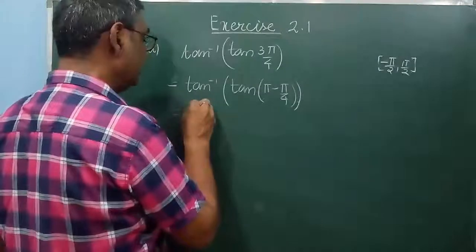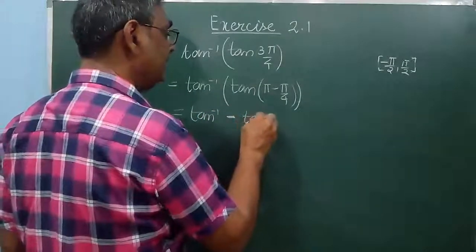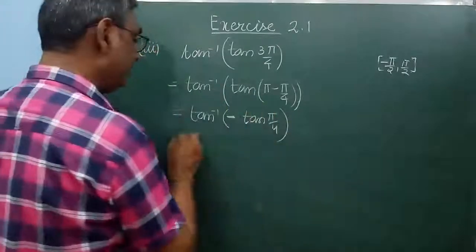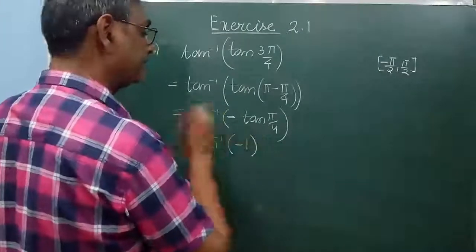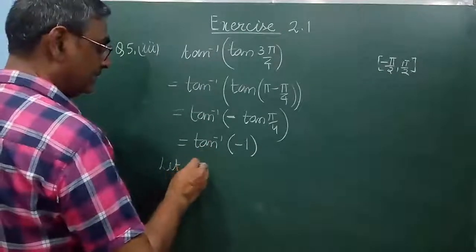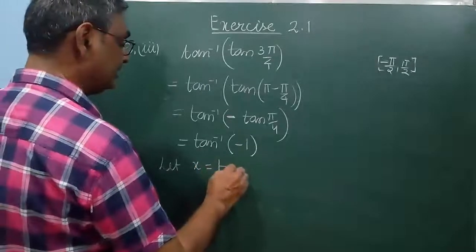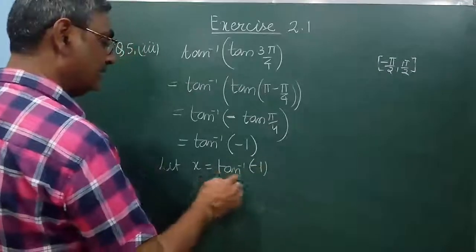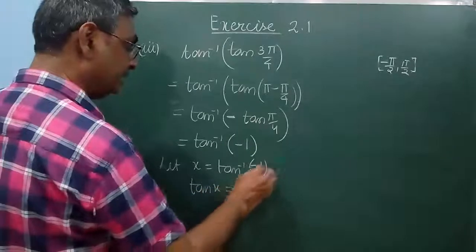This means tan inverse minus tan pi by 4. And what is tan pi by 4? Minus 1. So let x equal to tan inverse minus 1, that is tan x equal to minus 1.